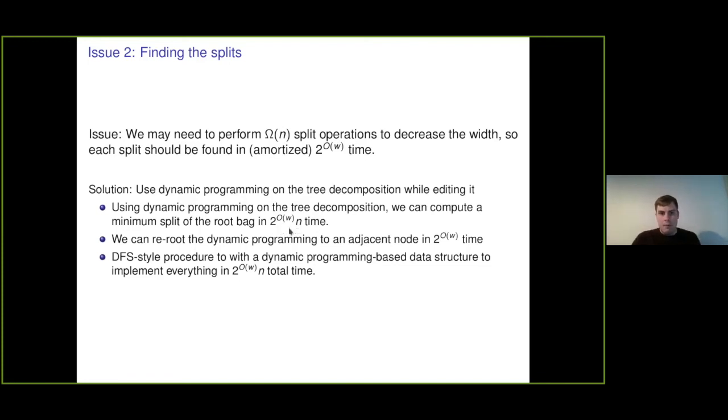So we can do this dynamic programming initially in linear time in n. Then what we should note is that if we have computed the dynamic programming table on this tree decomposition for all bags, then we can reroute this dynamic programming to an adjacent node by touching only two bags, the root and the bag next to the root. So we can move the root to an adjacent node in this kind of time.